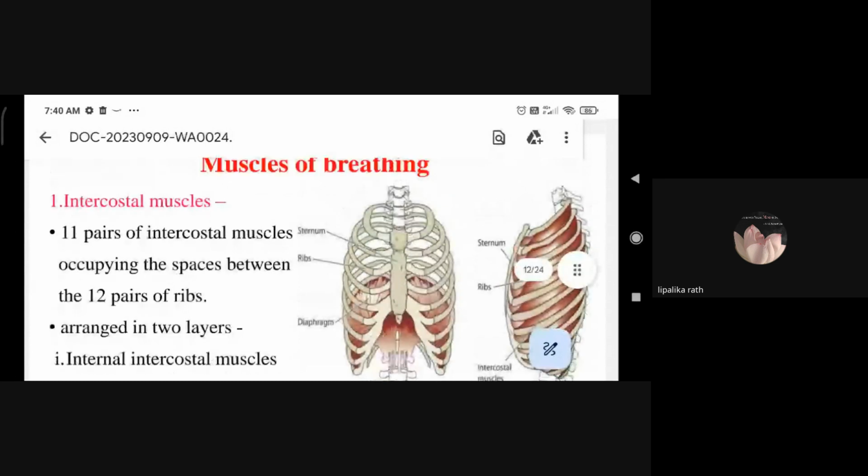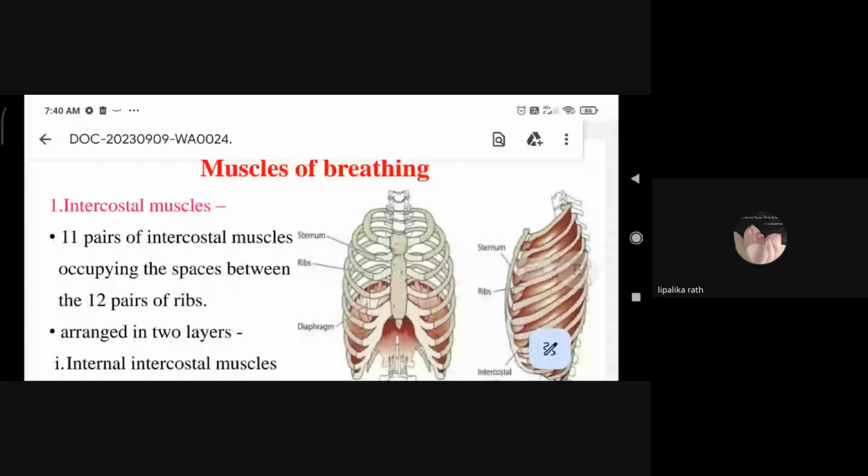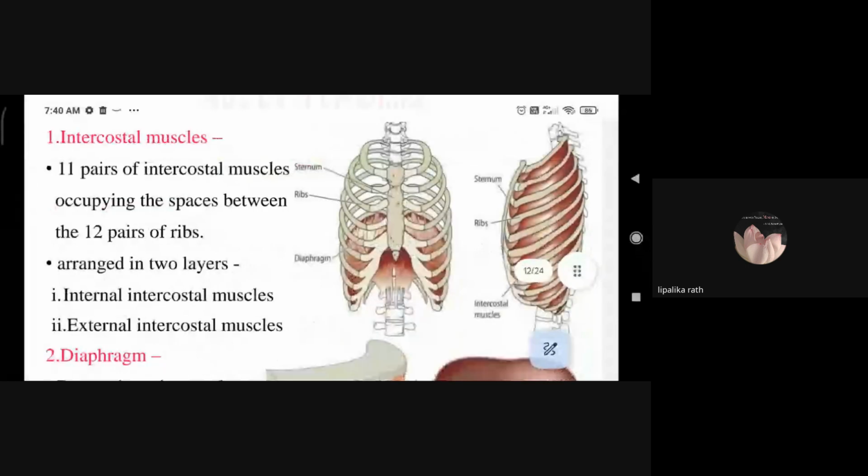Okay. So muscles of breathing. At first, intercostal muscles. There are 11 pairs of intercostal muscles we can find in the spaces between the 12 pairs of ribs. So intercostal muscles are the muscles present in between ribs.